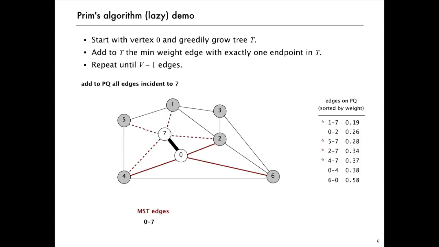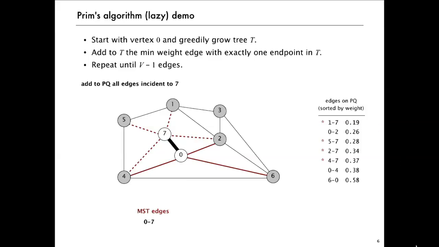And then we add to the priority queue all the edges incident to 7 that point to vertices that are not on the tree. So we don't put 0, 7 back on because 0 is already on the tree. So we put all those on the priority queue. And again, keep them sorted by weight.